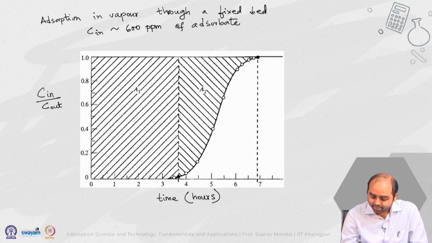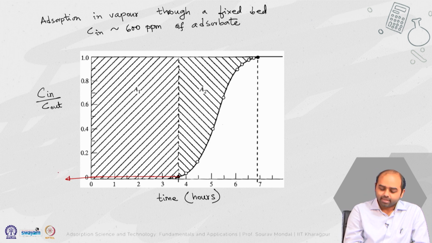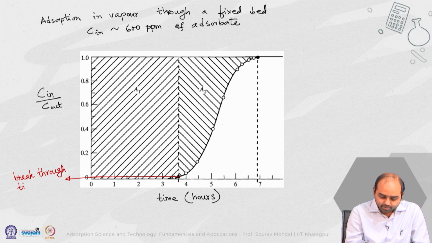So for example, in this case, let us identify this point, something like 1% of the inlet can be considered as the point when the bed no longer delivers desirable output below the permissible value, and can be considered as the breakthrough time. So this breakthrough time, in this case, let us consider this point, the black dot. So it is roughly around 3.65 hours.